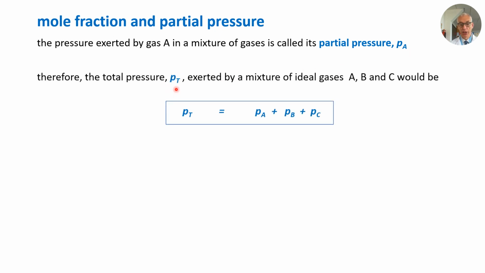The total pressure of a mixture of ideal gases, that is gases that do not interact with each other. So we've got 3 gases I'm proposing, A, B and C. So the total pressure is simply the sum of the partial pressure of A plus the partial pressure for gas B and the partial pressure for gas C.